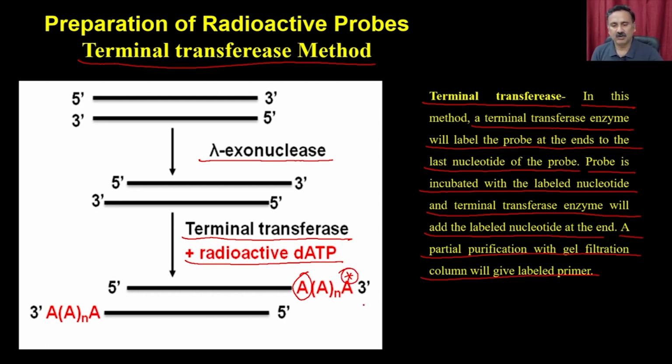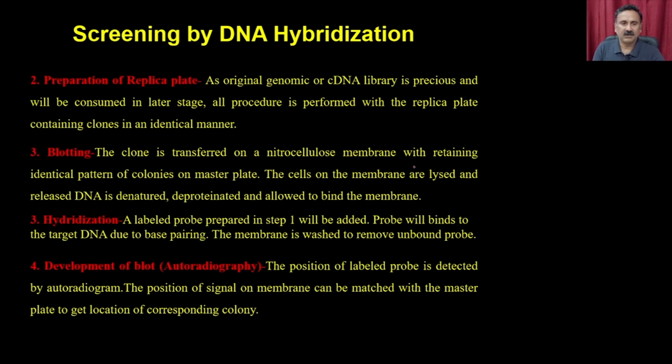That's how I get the radioactive probe with one end of the probe as radioactive, and that I can further purify with the help of gel filtration chromatography. Now once the probe is ready, I can use that for the screening purpose.